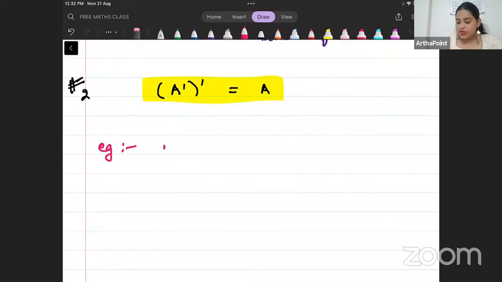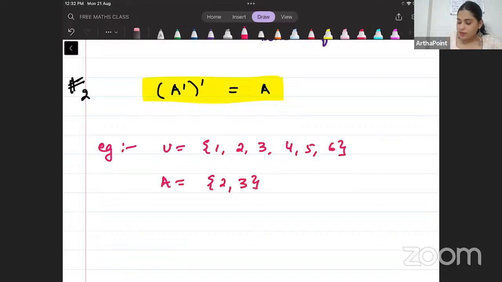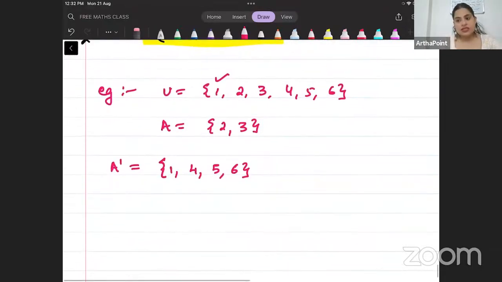My universal set, beta, is 1, 2, 3, 4, 5, 6. And my A is 2, 3. Beta, what will be A complement? A complement will be all elements except A. Matlab, it will be 1, 4, 5, and 6.